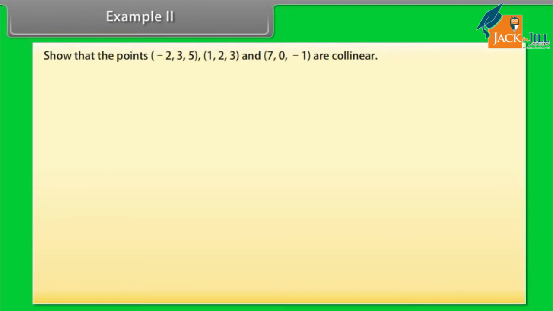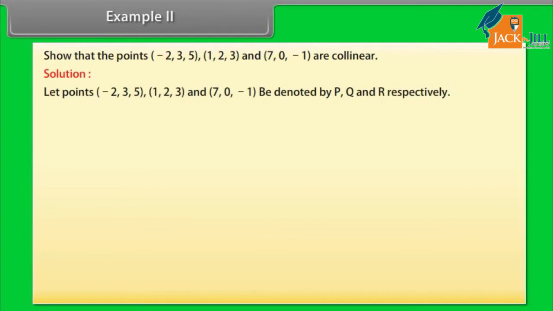Example 2. Show that the points -2, 3, 5, 1, 2, 3 and 7, 0, -1 are collinear. Solution: let points -2, 3, 5, 1, 2, 3 and 7, 0, -1 be denoted by P, Q and R respectively.